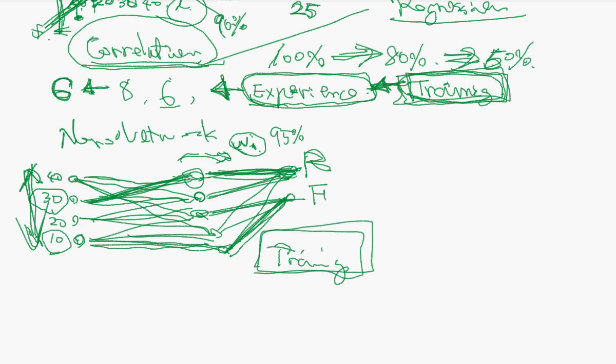It forms a kind of neuron connection that leads you, next time when you see 20 frogs, to maybe 60% rain, 40% fine weather. A kind of decision making.